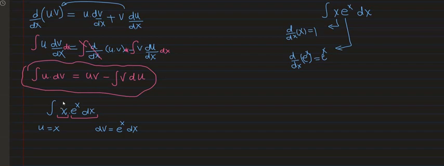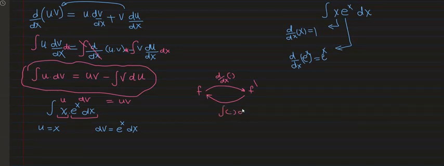The solution is u times v minus the integral of v du. We have u and we have dv, so we need to get v. You remember, if we apply the differential operator to a function, we get the derivative, f and f dash. And if you want to go back to the function, we apply the integral operator, right? So in order to get v, we need to integrate dv.